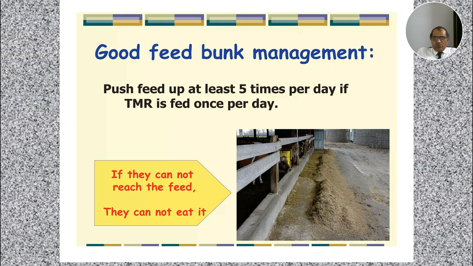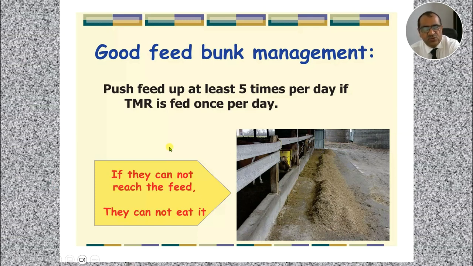Good feed bunk management is a process by which we need to push the feed at least 5 times per day if TMR is fed only once per day. But sometimes the cows may not be able to reach the feed and they cannot eat it at all.